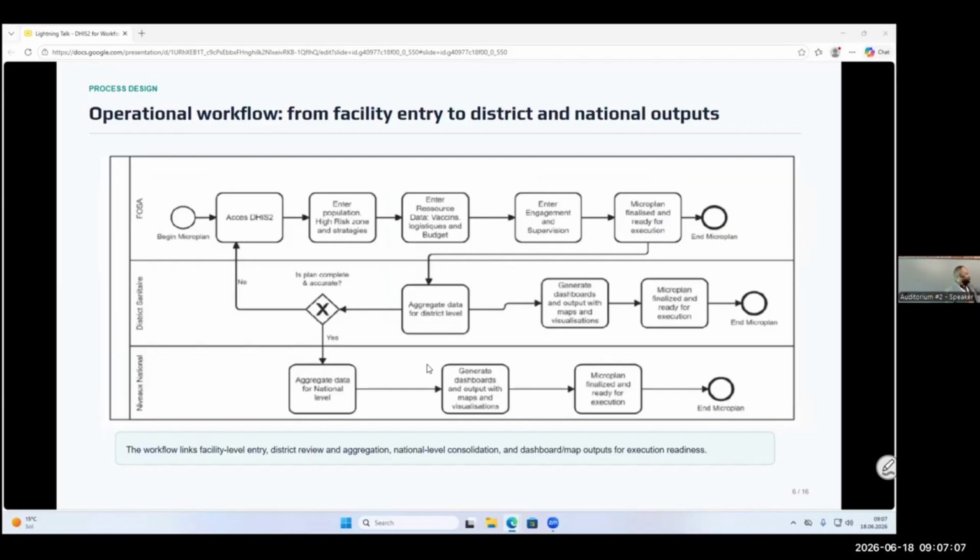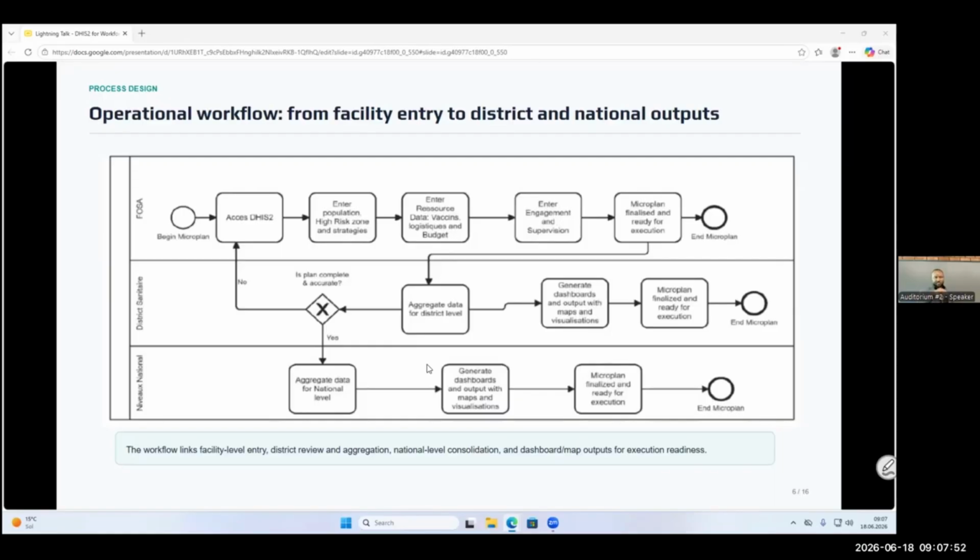I think most people can see it. If I go through it, it's going to take time, but basically it has three different levels: the FOSA, which is called Formation Sanitaire, the district level, and the national level. The most important things happen at the FOSA level, which is the lowest level. They have access to DHIS2 because they've been trained and have the skills. They can do data entry, population data, resource data, vaccines, logistics, budget, everything they were doing on paper and in Excel, they can now do in the DHIS2 tracker.